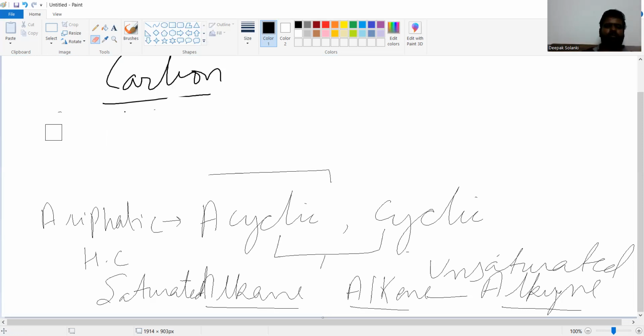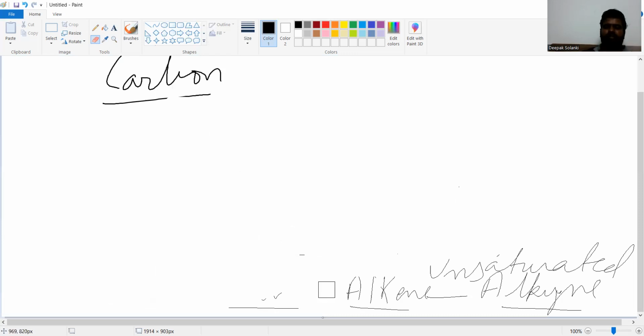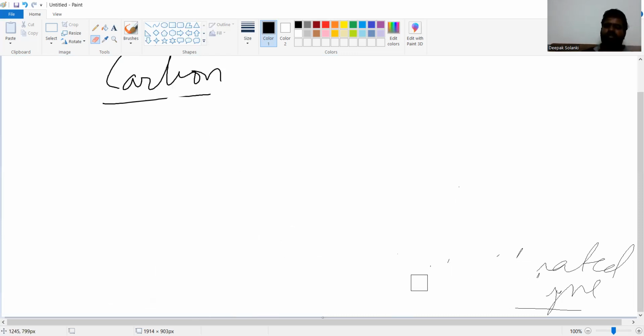This is only the structure of single bond, double bond, and triple bond, and there is a prefix and a suffix. I have taught you that if one carbon is present, we take meth; if two are present, we take eth, and so on.